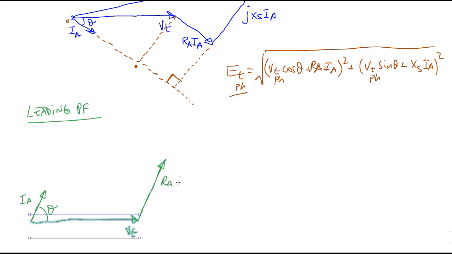So this is RAIA. This will represent the drop across XS. And the resultant voltage ET will be this way.